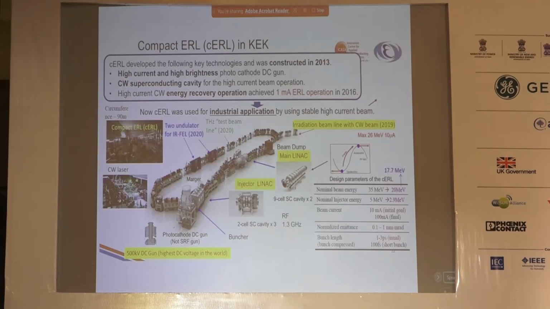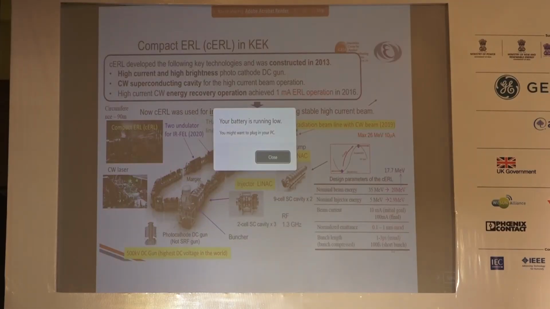This is more like a schematic view of the energy recovery linac. On the left-hand side you can see the gun, and the left bottom part is the injector, which leads to the main linac system, and the beam is extracted to the so-called irradiation beam line in CW mode.